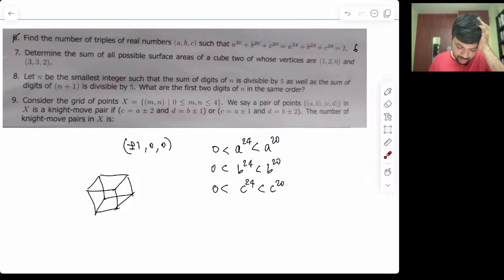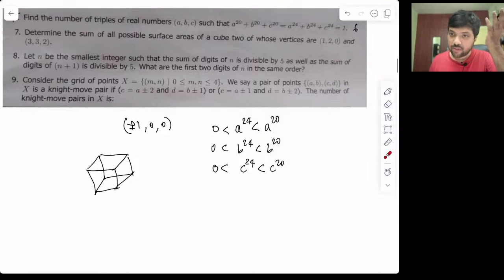Or it can be a far away vertex like this, or like this, there are 3 of them. Or it could be the opposite vertex. These are all possibilities, right? And you just sum them up, that's it.